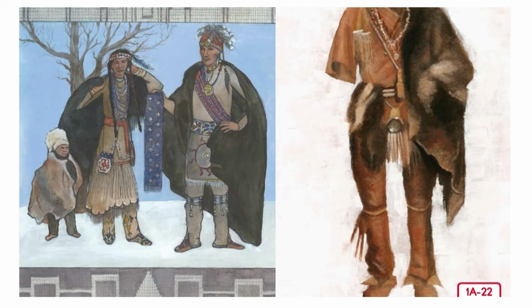Some Native Americans wore clothing made of animal skin, elk, deer, buffalo, and rabbit. They often decorated their clothing with beads, porcupine quills, and fringe. During the cold winter months, they wore coats of animal fur to stay warm.